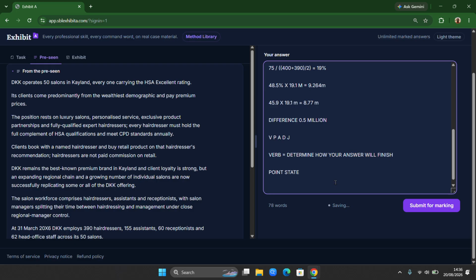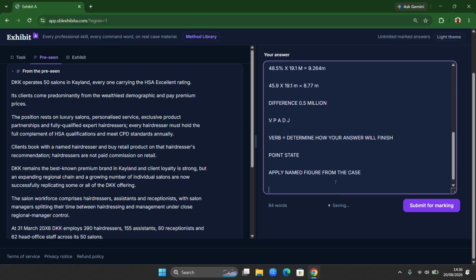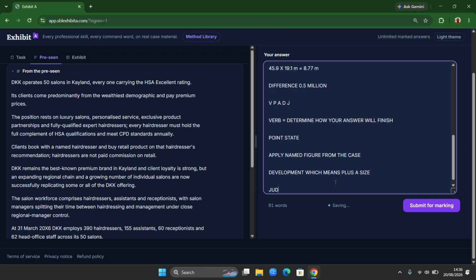And then we have to apply that point through application, which would be a named figure from the case. Then we have development, which means mechanism plus a size. And then judge, depending on the verb that's asked, is how much does this actually matter.